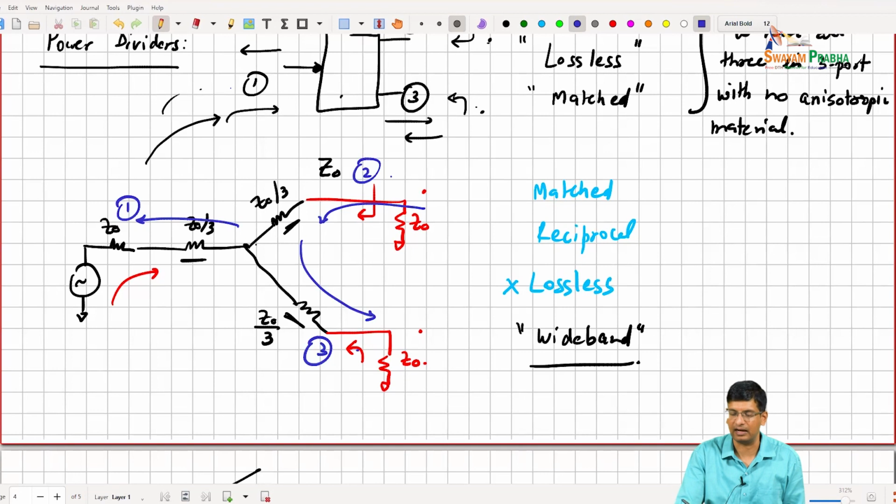This can be a simple application where I might decide that this path may or may not be connected, may be connected to something else, or maybe failing, right? So in all those scenarios, I would not like a change in this path to change the amount of power that is there in that path, right? Or if I'm using it as a combiner, if I apply some power here and some power here, if these are different, I don't want this power leaking into the other port causing problems, right?